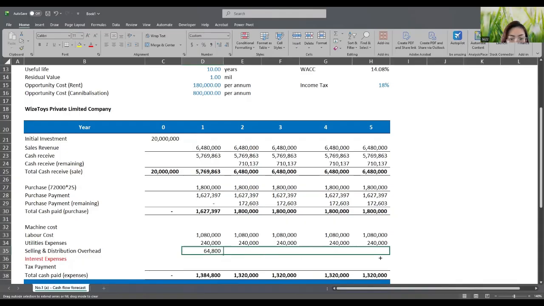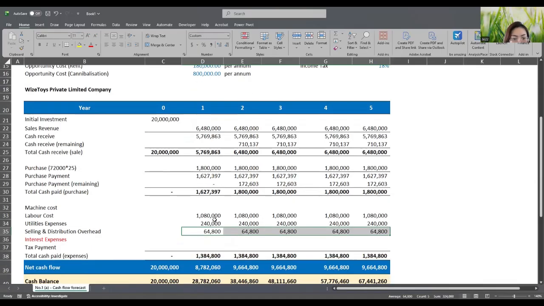Now we get the sales and distribution overhead from the revenue. The question provided is 1% of the sales revenues.